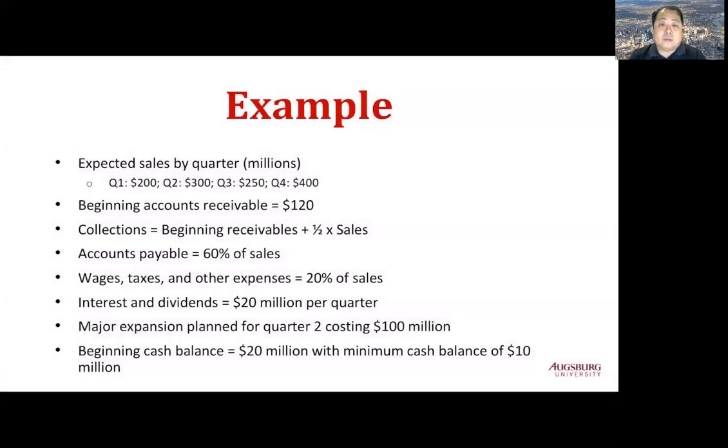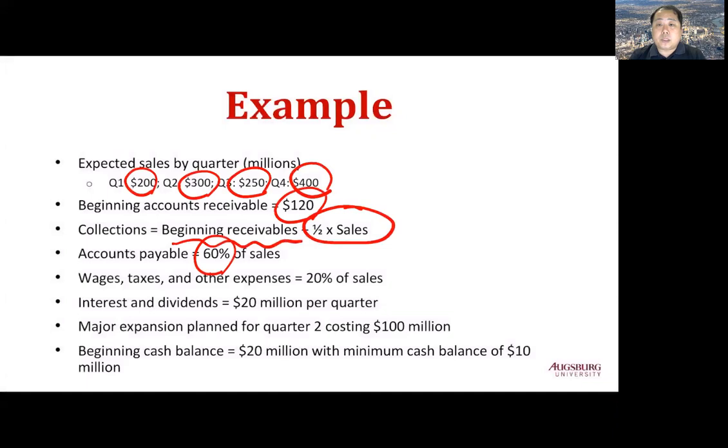Let's see an example. We have the following scenario. Expected sales by quarter are 200, 300, 250, and 400 million. Beginning receivable is 120 million, and we can collect the beginning receivable plus half of current sales. Payable is 60% of sales, and wages, taxes, and other expenses are 20% of sales.